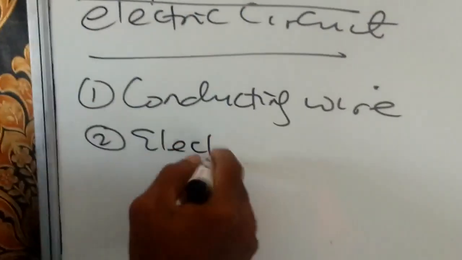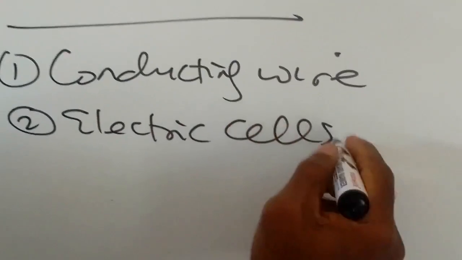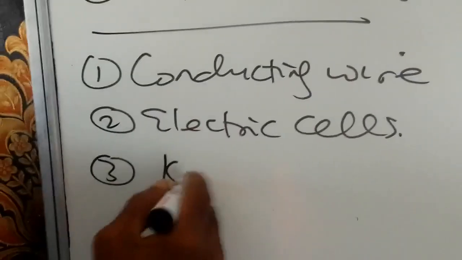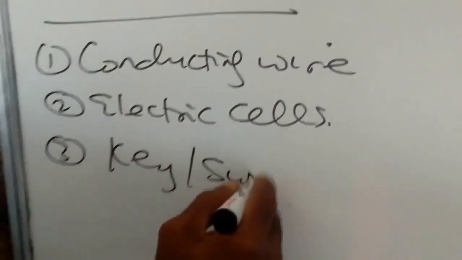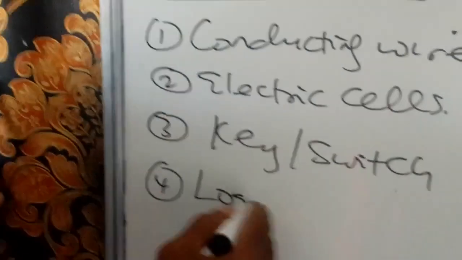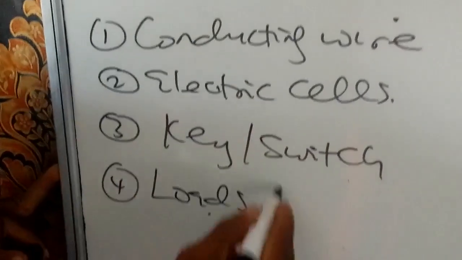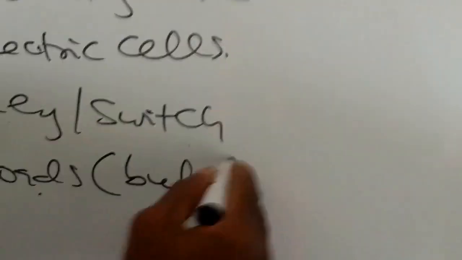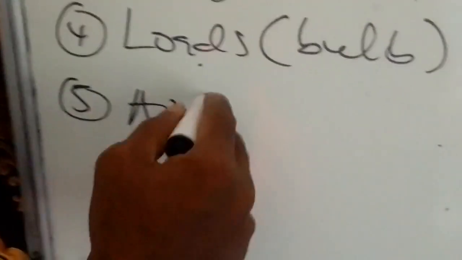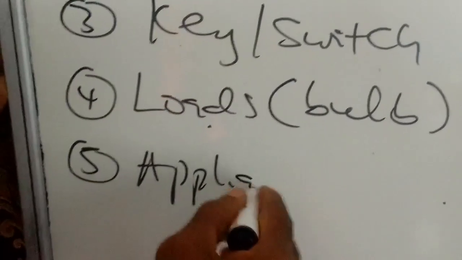The electric cell. 3. The key, or otherwise known as switch. 4. The loads. The loads are the devices that draw current from the cell. Example of a load is bulb. Then we have the electric appliances, which can include the ammeter, the voltmeter, and the resistor.